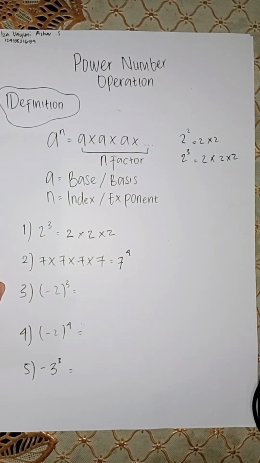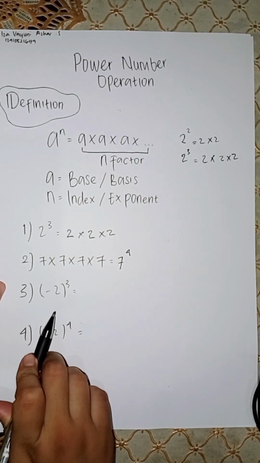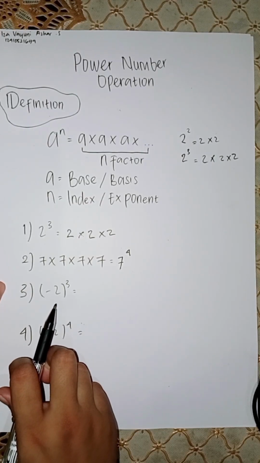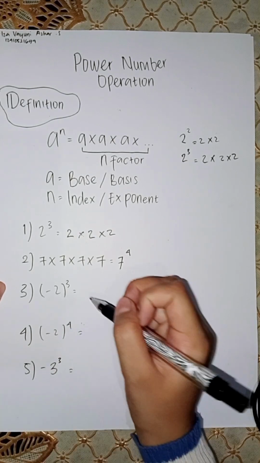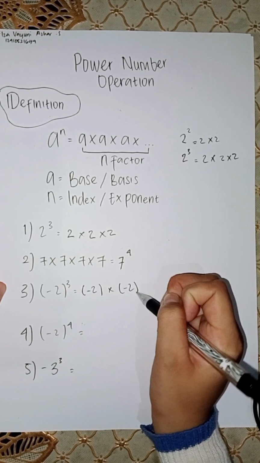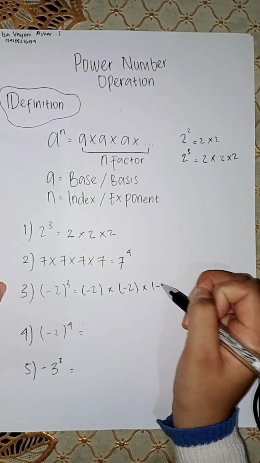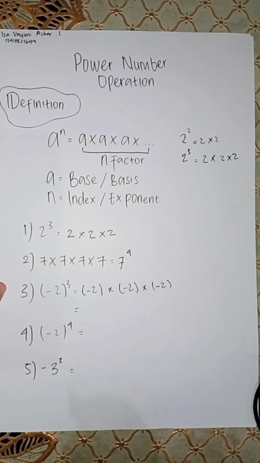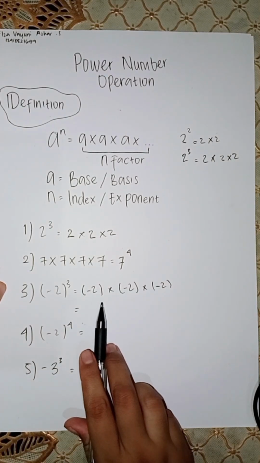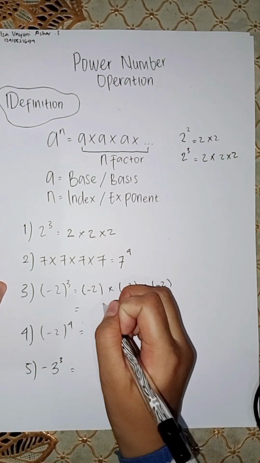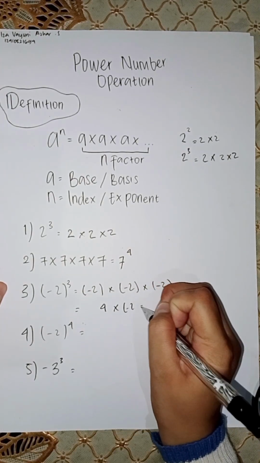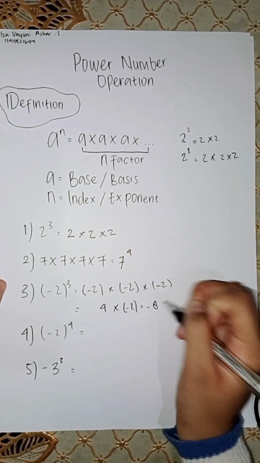Next, if the base is a negative number, for example negative 2 to the power of 3, it means negative 2 times negative 2 times negative 2. If we find the value, negative 2 times negative 2 equals 4. 4 times negative 2 is negative 8.